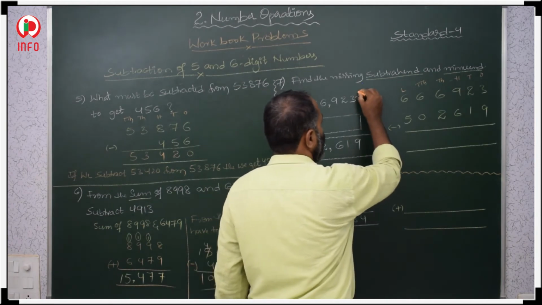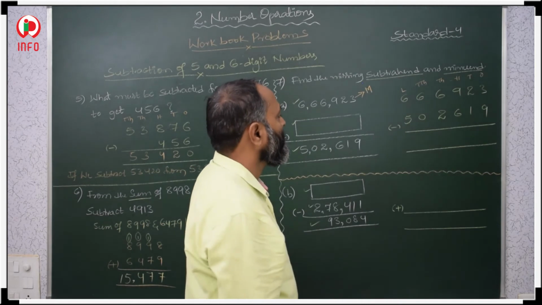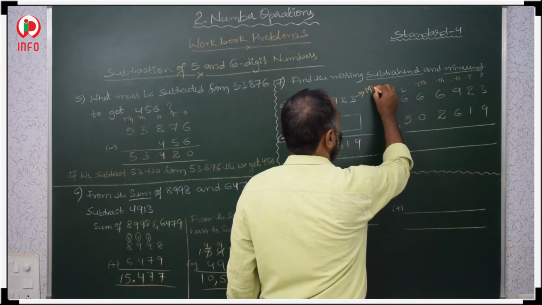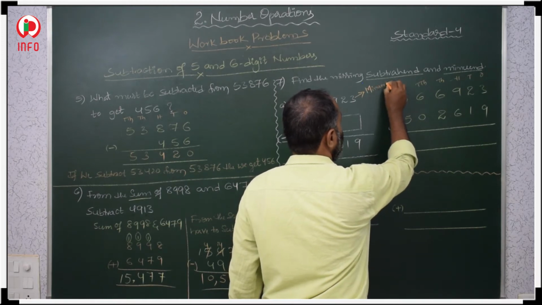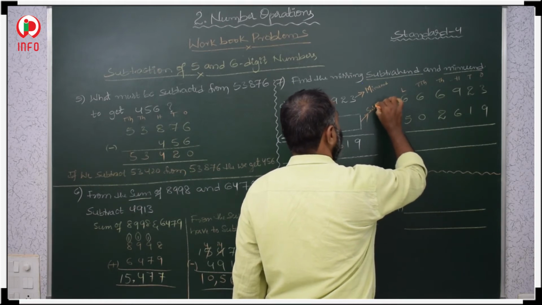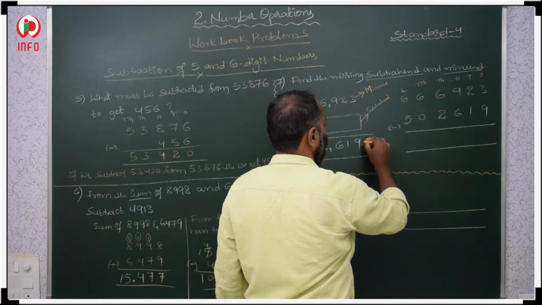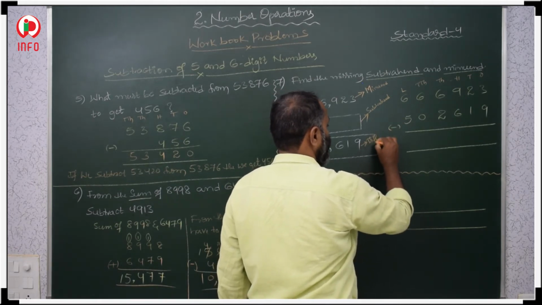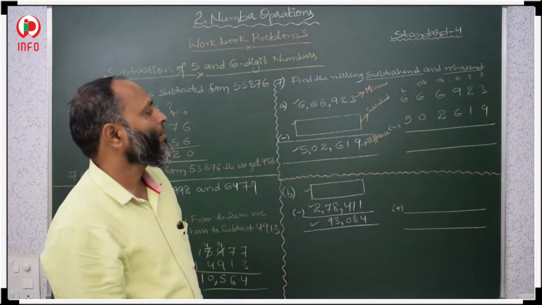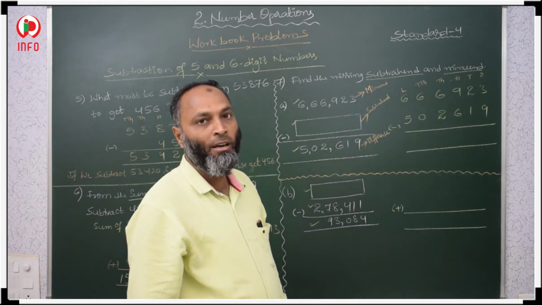What is this? This is the minuend. This is the subtrahend. This one is the difference. The minuend and difference are given, so we are finding the subtrahend.